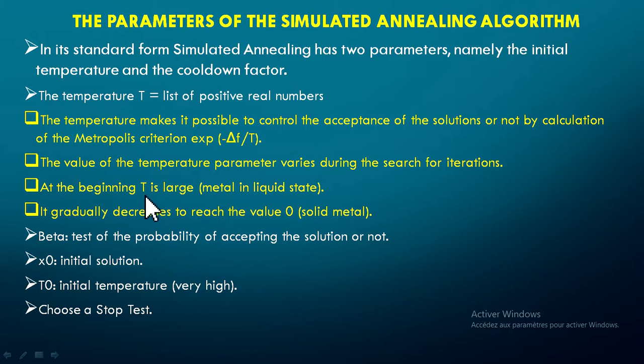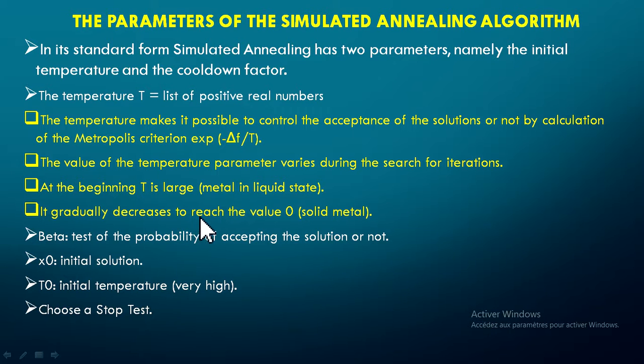At the beginning, T is large, the metal is in a liquid state in metallurgy. It gradually decreases to reach the value 0, so the metal is solid. In this case, I use the term in computer science. So the beginning value of temperature, big T, is a numerical value. In metallurgy, that means the metal is in a liquid state.